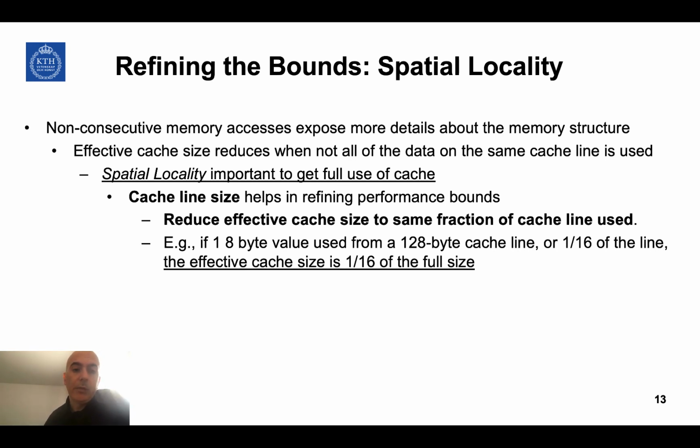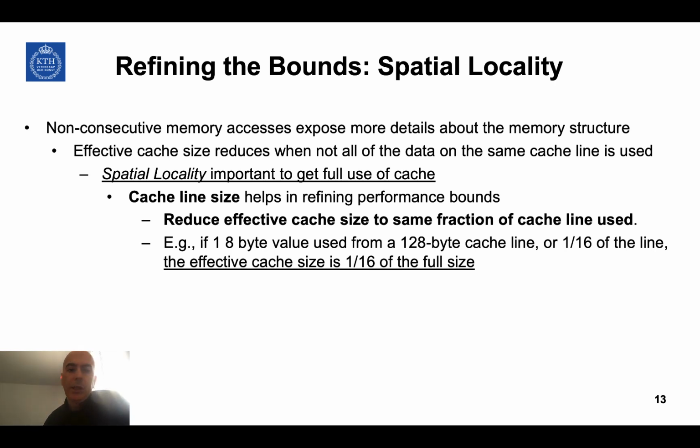So we can use this extra information for our performance model, and we can use the fact that cache line size can help us in refining performance bounds. In particular, we saw that if we are not able to use all the cache line, this reduces the effective cache size to the same fraction of the utilization of the cache.